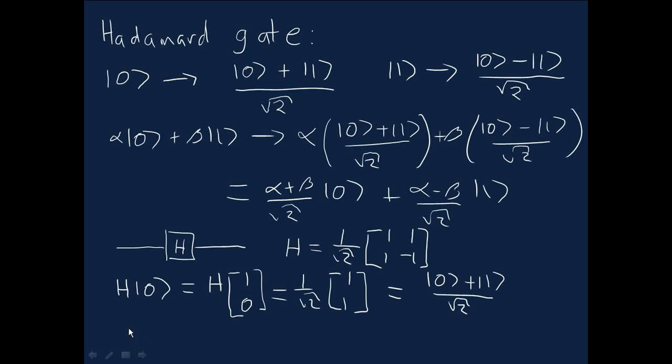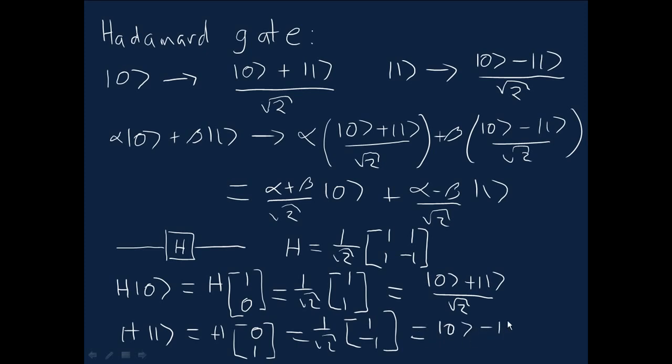state. And similarly, if we take this matrix and act it on the 1 state, it's H times this column vector, which is in fact just the second column, 1 over root 2, 1 minus 1, which is 0 minus 1 over root 2.